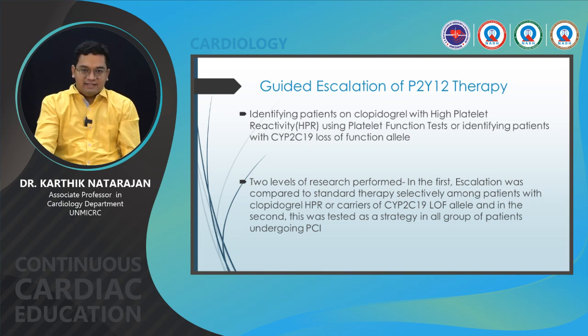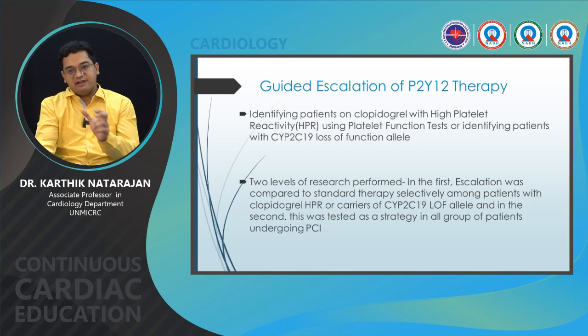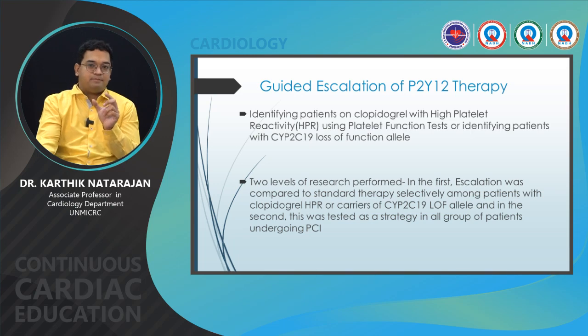But all these trials, which I will show you in the next slide, have not shown a benefit of escalating the P2Y12 therapy. The MACE events remained the same. The possible reason for this is that most of these trials were underpowered, with a very small sample size. The definition of high HPR was not properly defined, and that remains a major hurdle, because most of these platelet function tests are non-standardized.